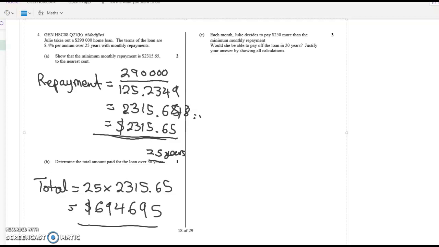So to figure that out, firstly we need to work out how much she would need to pay per month to pay it off in 20 years. So using our present value interest factors table, and then after that we can compare that to the amount she's deciding to pay and see which one is bigger.